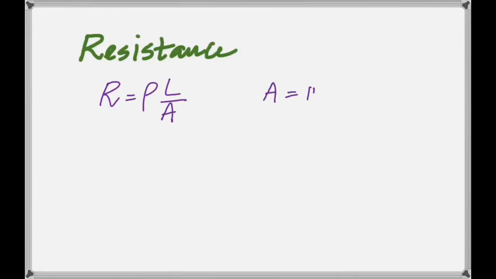Resistance. Resistance of a conductor depends on its length and on its area of cross-section, given by this formula. A is the area of cross-section, therefore it could be pi r squared, because usually it's a circular cross-section. Rho is a constant called resistivity or specific resistance, and the unit is ohm meter.